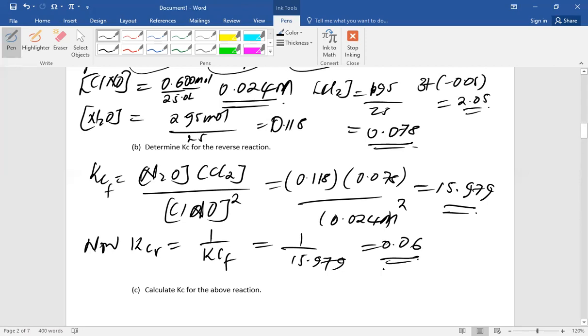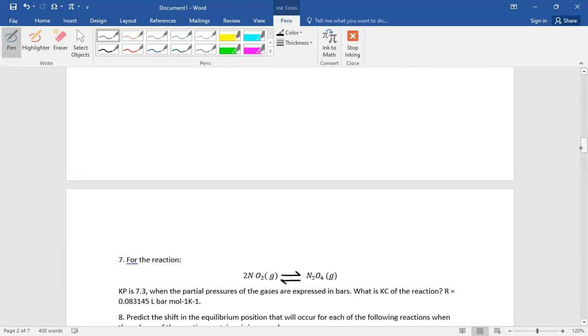And we calculate the Kc for the above reaction. So the Kc is the one that we just found.